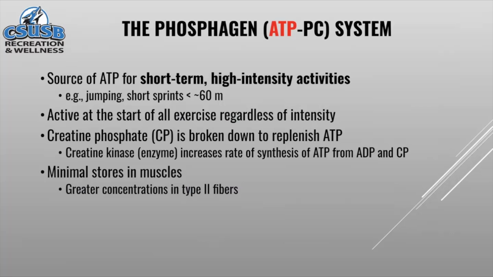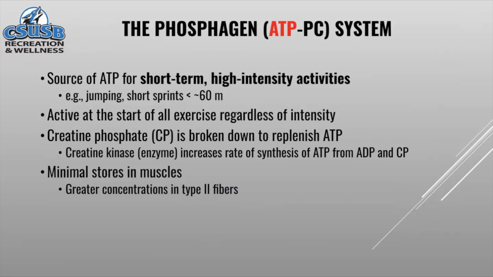So the phosphocreatine part is another part. So we have our ATP that's already stored, and then we have phosphocreatines that we can use to make more, right? So what happens is that phosphate group in that phosphocreatine or creatine phosphate, right, CP, it's going to be broken down to replenish more ATP.